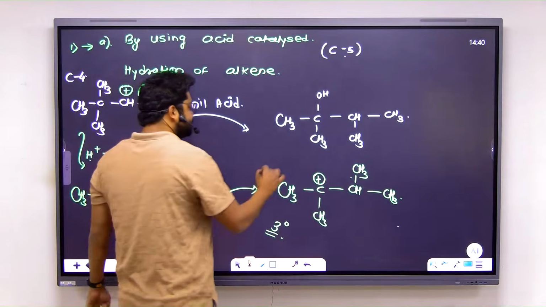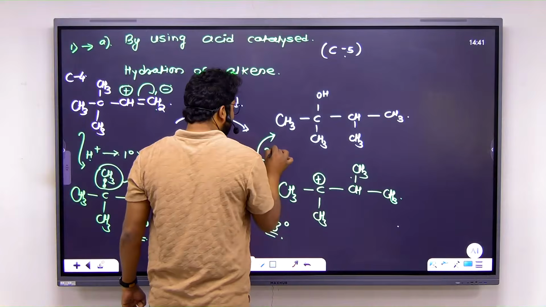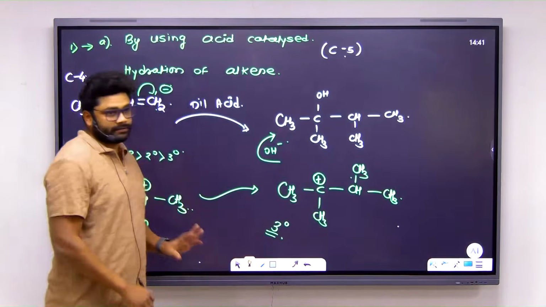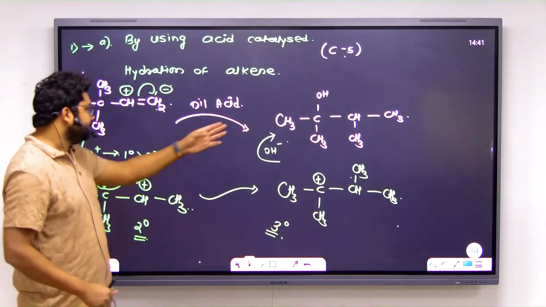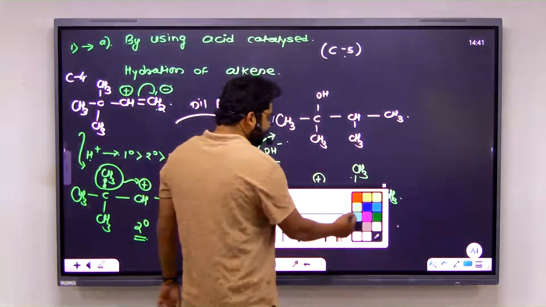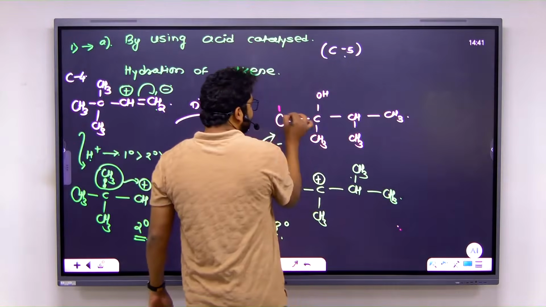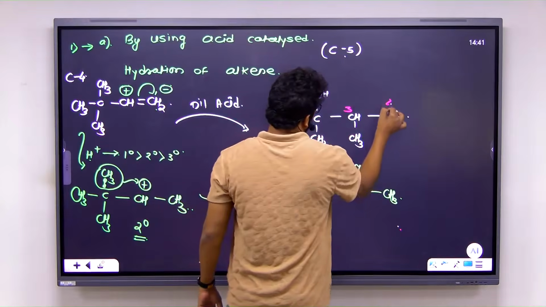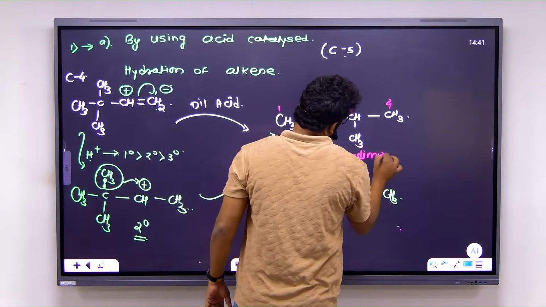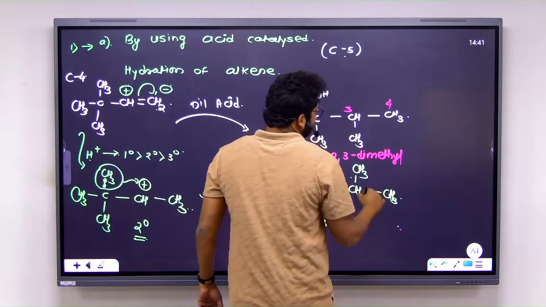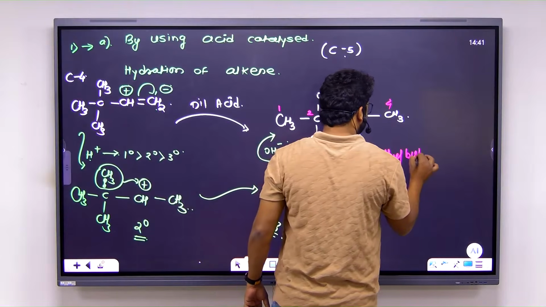And at the last, you are just adding what? Your OH minus. And it ends. Okay, so this will be your final product. Tell me the name of this guy. Yes, 2 comma 3 dimethyl, 2 comma 3 dimethyl what?